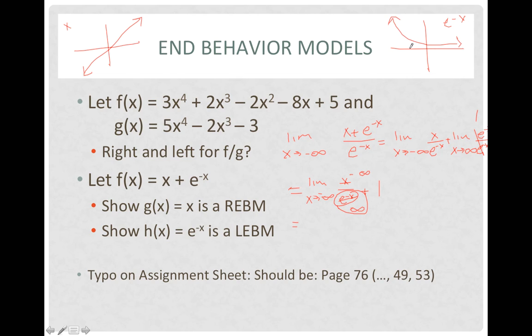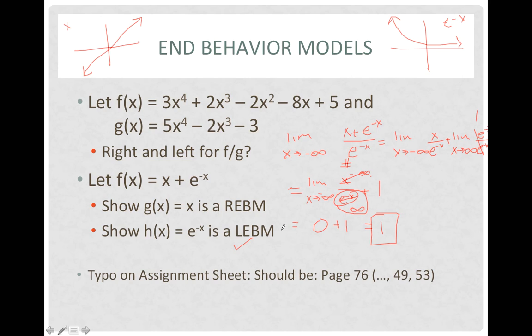That's how exponentials work. That means the denominator takes over, and we're going to have some sort of number over a very, very, very large number, and therefore dividing by a very large number will equal 0, and we get plus 1 is equal to 1, and therefore we have verified that e to the negative x is a left end behavior model.